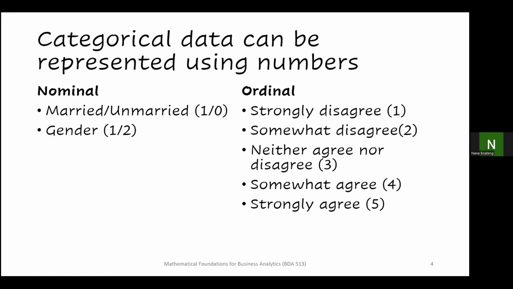It is still categorical, just that it is being represented by numbers. Now, when it comes to ordinal, you see that it is ordered. Sometimes, like in a normal survey, strongly agree will be 1, agree will be 2, neither agree nor disagree will be 3, somewhat disagree will be 4, and so forth.